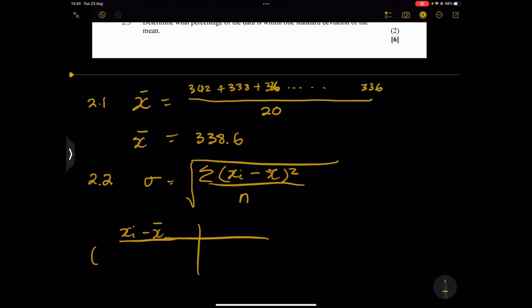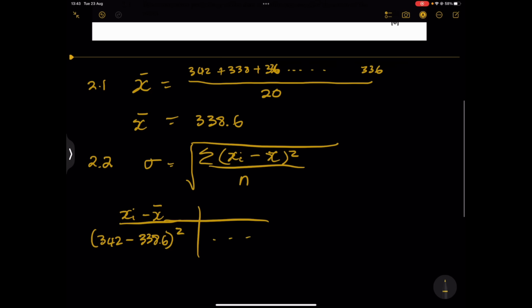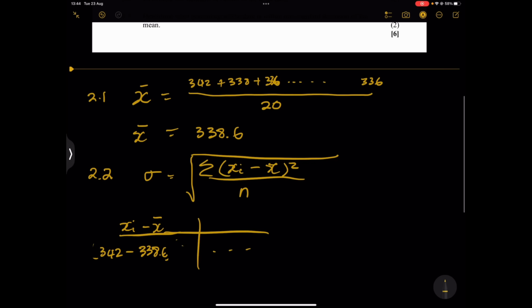So what you would do is take your first value, which was 342, minus your mean, which was 338.6. Whatever difference you get there, you then square it. You take the difference first, you don't square first. Then you take your next value, which was 338, minus the mean, 338.6.